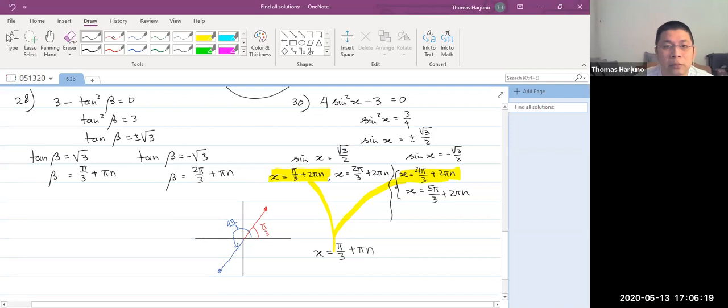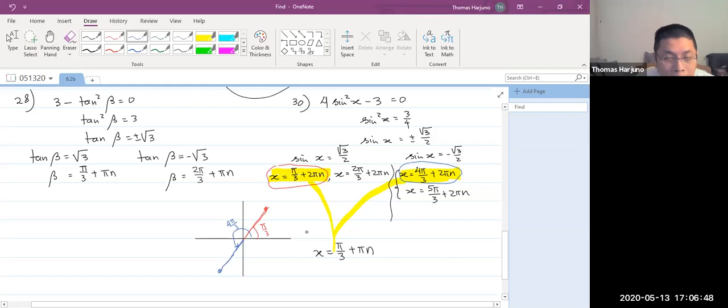Now how do you explain that, Thomas? The first one, the red one, is pi over 3 and then plus 2 pi plus 2 pi plus 2 pi. You keep on getting red, right? While the blue one, 4 pi over 3, you get blue, and then plus 2 pi, there's another blue, every time you add 2 pi.